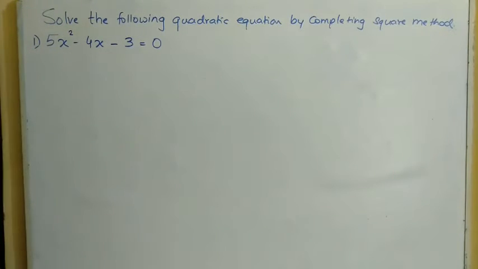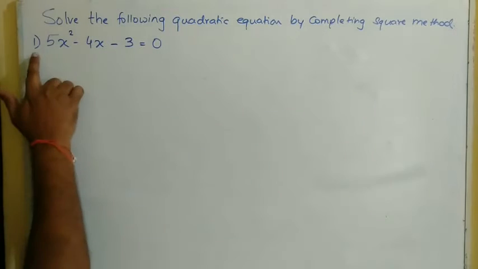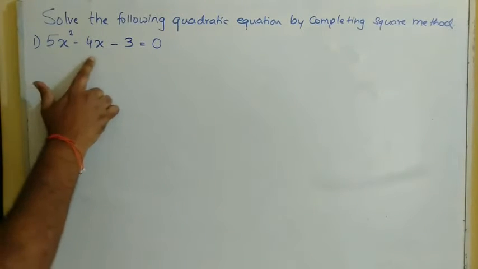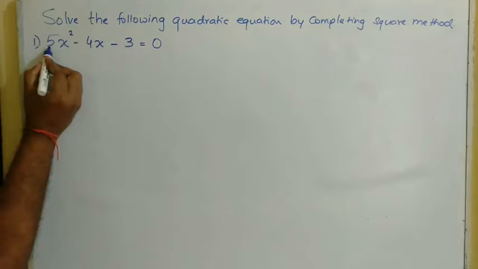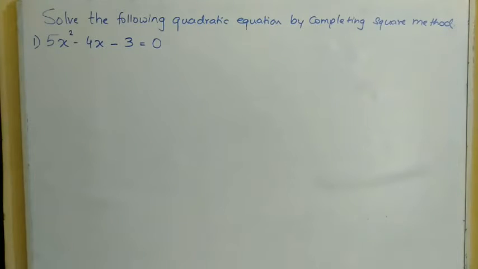So what we have to do, just see here, we have the question 5x square minus 4x minus 3 is equal to 0. In this case, first we are going to make the coefficient of x square as 1. So how are we going to make it? Whatever is the coefficient, we should divide by the same number.